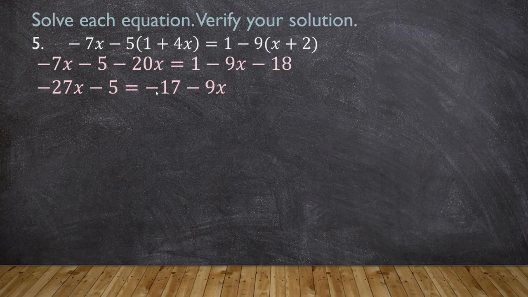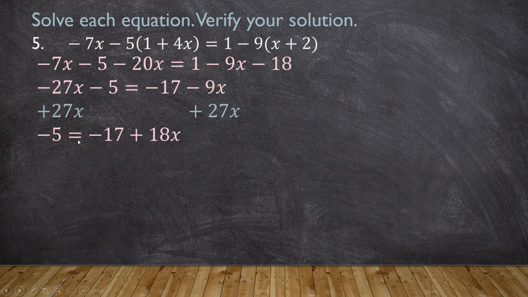Next, we want to get rid of the variable from one side. I always choose whichever one's smaller. Negative 27x is smaller than negative 9x, so I'm going to add 27x to both sides. That gets rid of the variable on the left, leaving us with negative 5 equals negative 17 plus 18x.